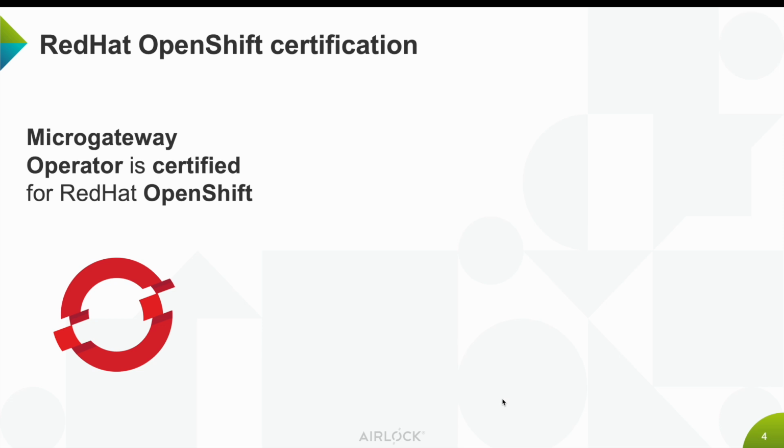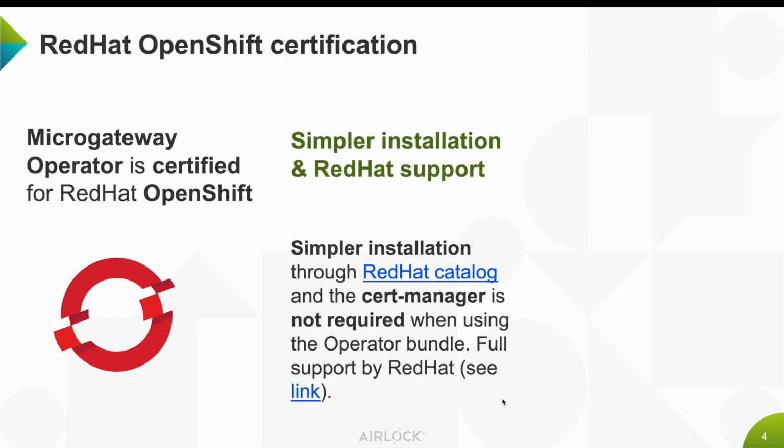The Microgateway operator is now certified for the Red Hat OpenShift container platform. This means that the installation is much simpler than before and can be achieved through the Red Hat catalog. Using the operator bundle to install Microgateway reduces the dependency on the cert manager.